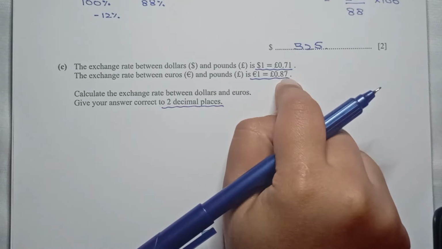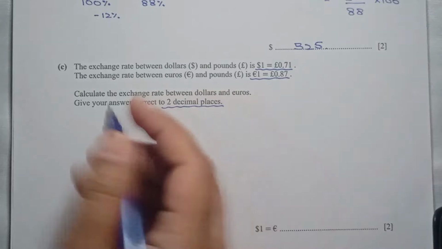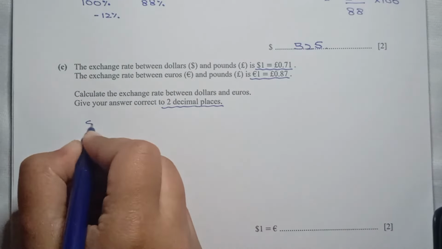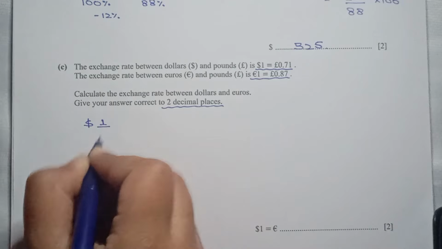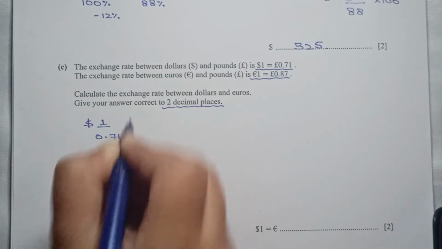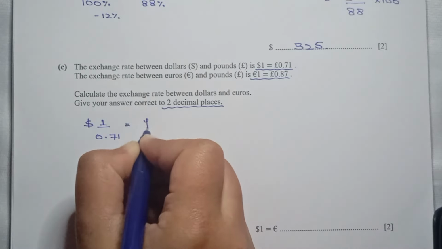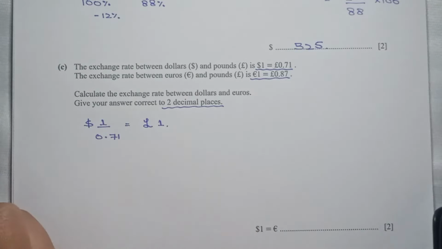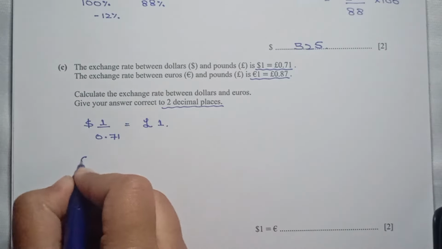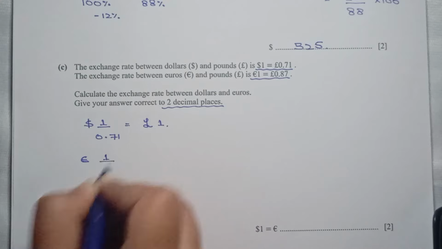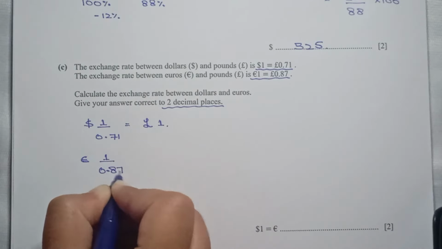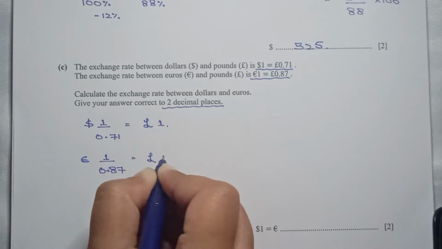From both of them, we need to find what is the pound. From the first exchange rate, we have 1 over $0.71 equals 1 pound. And from the second exchange rate, 1 over 0.87 euros equals 1 pound.